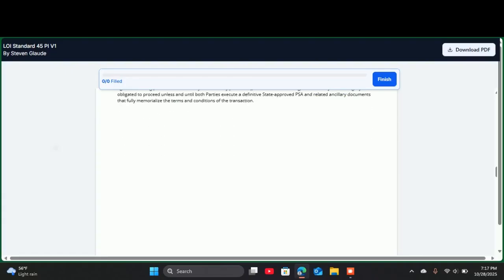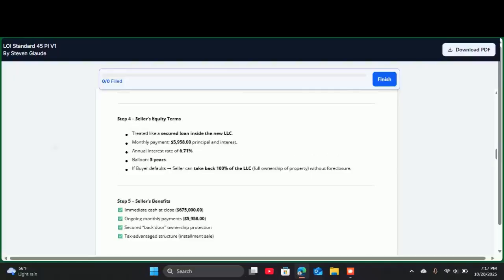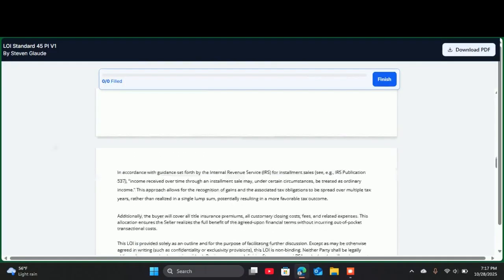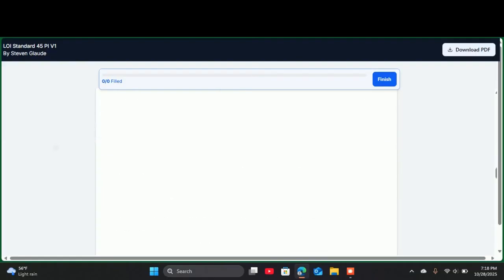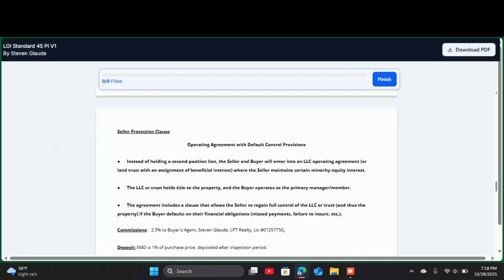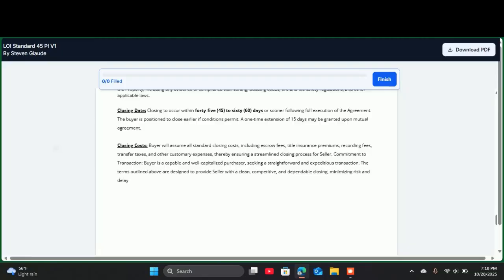We may have to take that balloon payment off because it's not going to cash flow that much. I might go back and see if we can take the balloon payment off, because I really don't like that balloon payment.